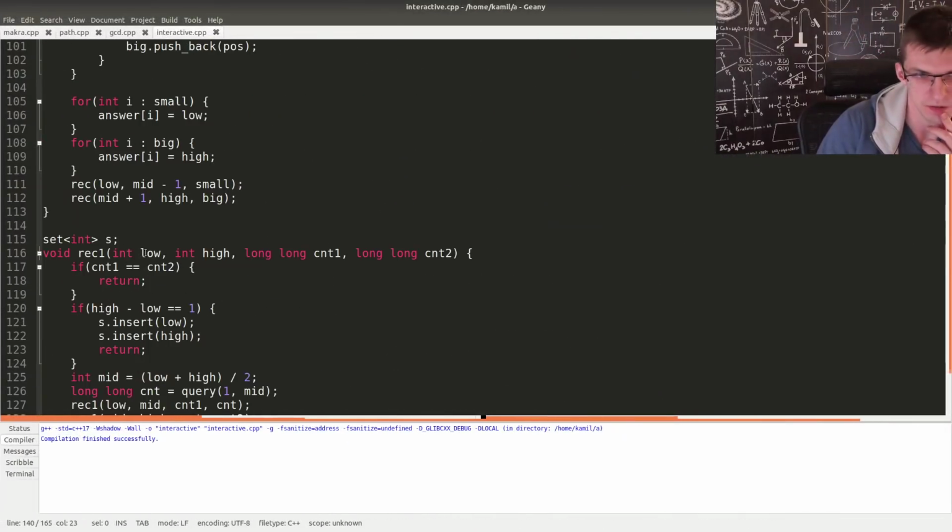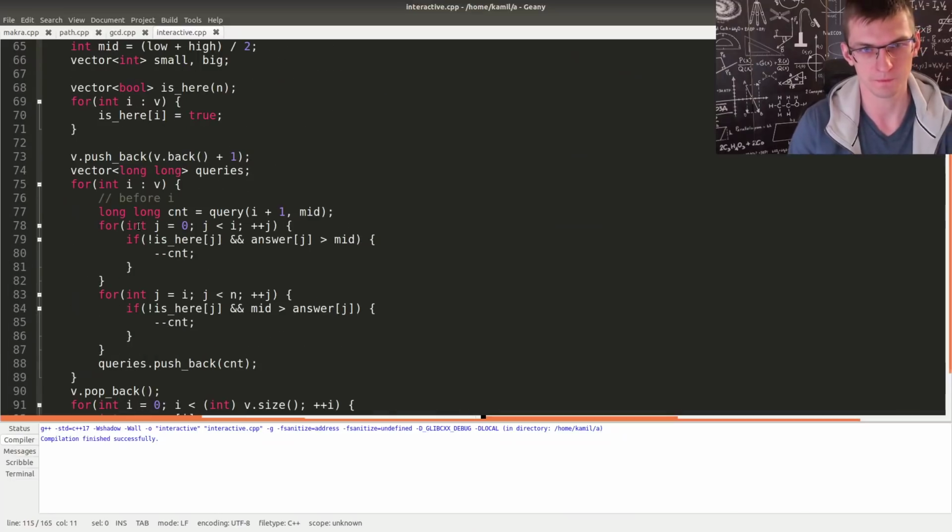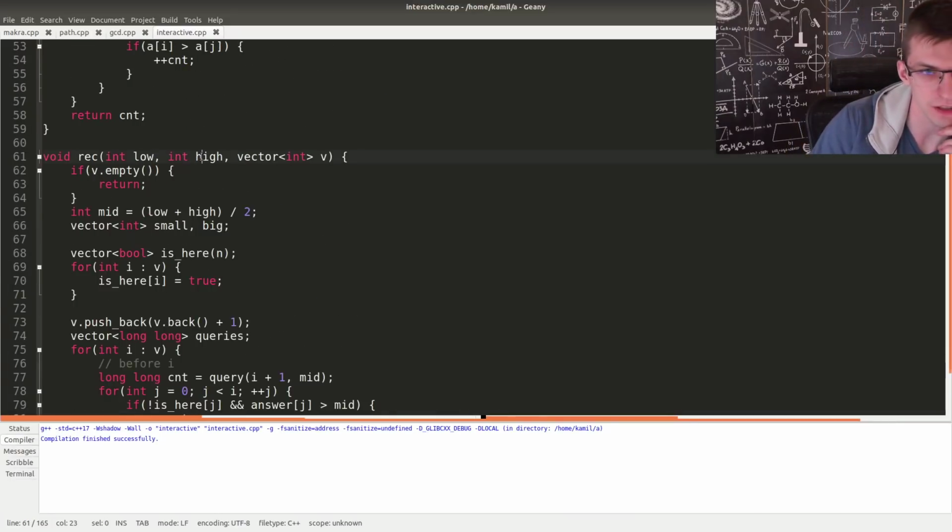But the hope is that now I use this set. Low and high will denote indices.